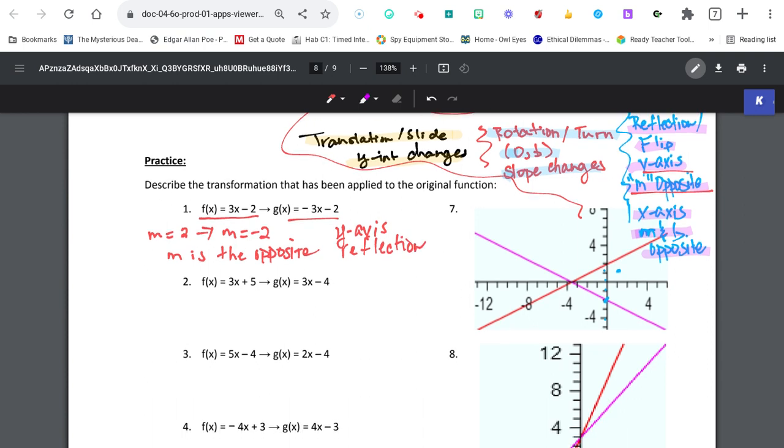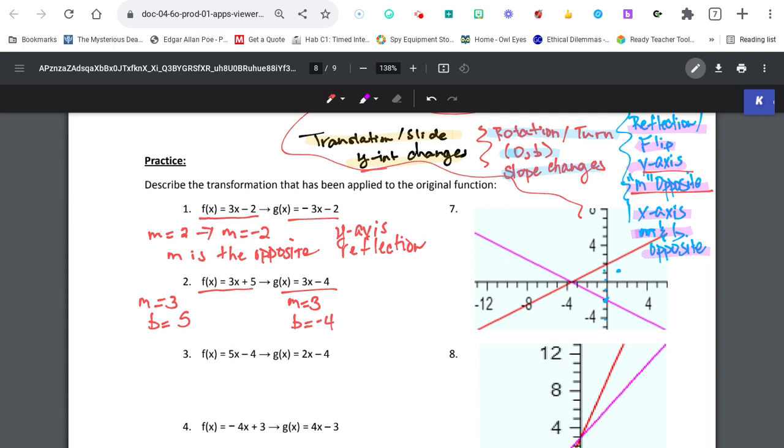All right, let's take a look at 2. The original function is f of x equals 3x plus 5. And g of x is 3x minus 4. In both, the slope is 3. So the slope didn't change. But in the f of x function, b is 5. And here, b is negative 4.